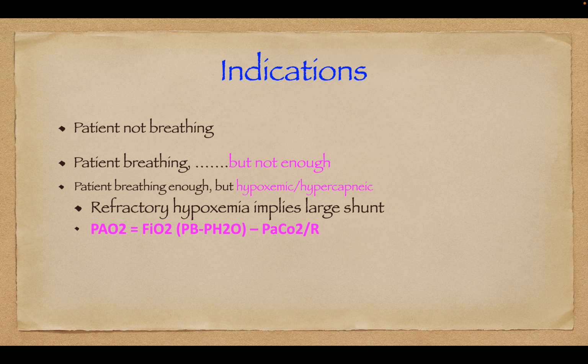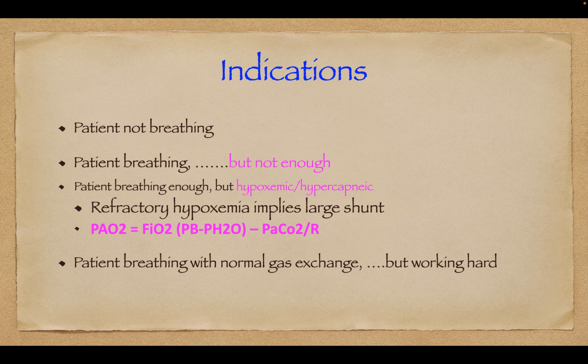And here I want you to get introduced to this formula of alveolar oxygen, which takes into account FiO2, the atmospheric pressure, the PaCO2, and the respiratory quotient. It is also indicated in patients who are breathing with normal gas exchange but with a high work of breathing, and of course for airway protection.